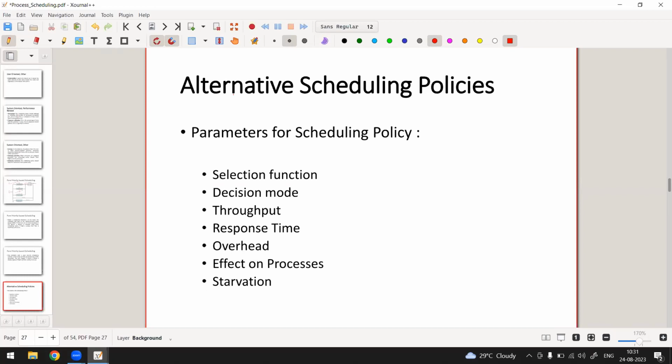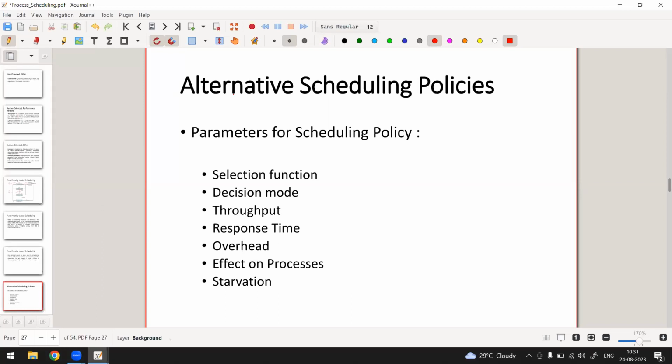The parameters which you should look for in the alternative scheduling policies are the selection function, I mean which process you are selecting next, the mode of decision, the throughput, response time, overhead, effect on the process, and starvation.